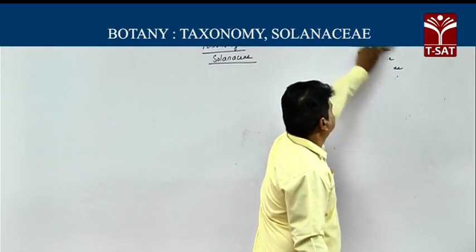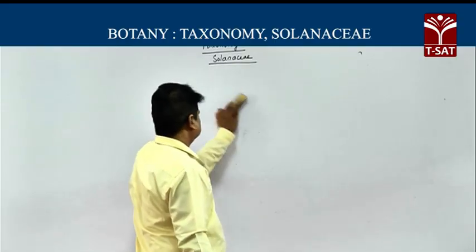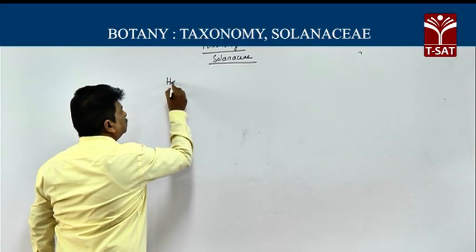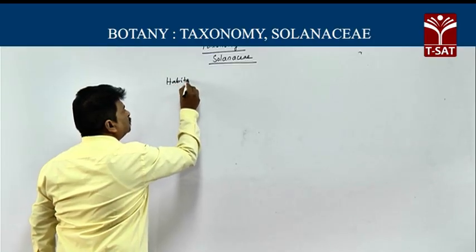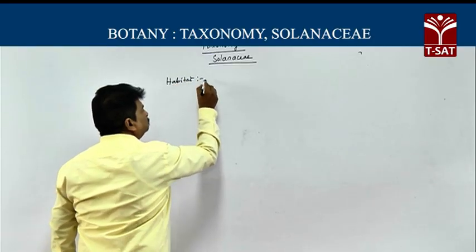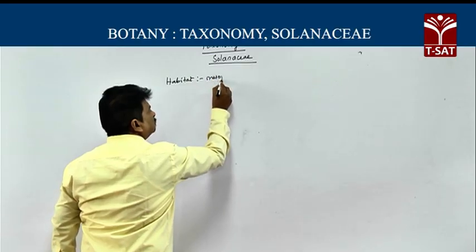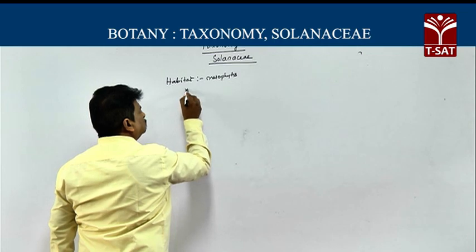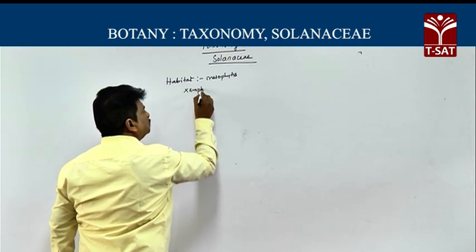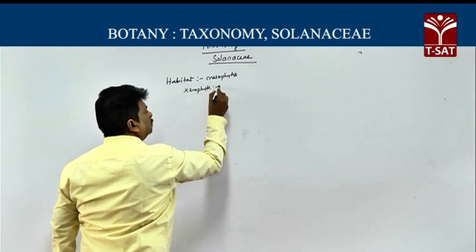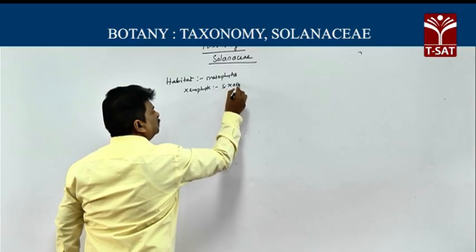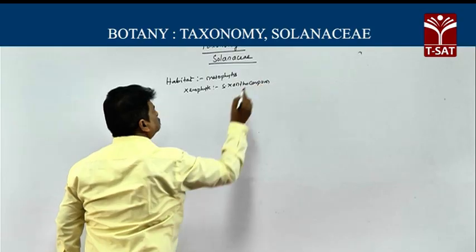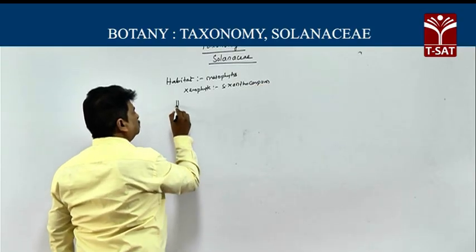Characters of this family. So first one, habitat. Most of the plants are mesophytes, but Solanum xanthocarpum is a xerophyte.